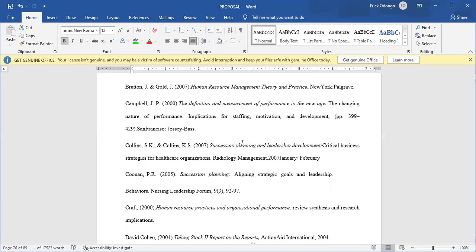Number 3, you must have the permission letter, maybe requesting them to allow you to conduct the research, or you must have a recommendation from the institution. We will provide you with a recommendation letter from the institution. Then from there, you will proceed to apply for the research permit.